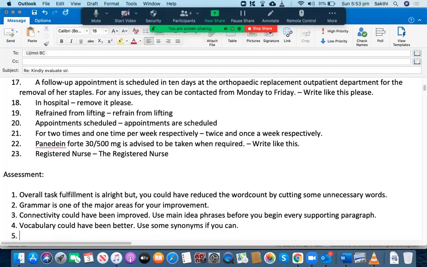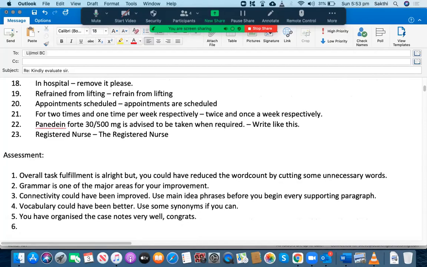Okay, you have organized the case notes very well. That's a good thing. And you have expanded all the abbreviations, which is good. Happy for you.